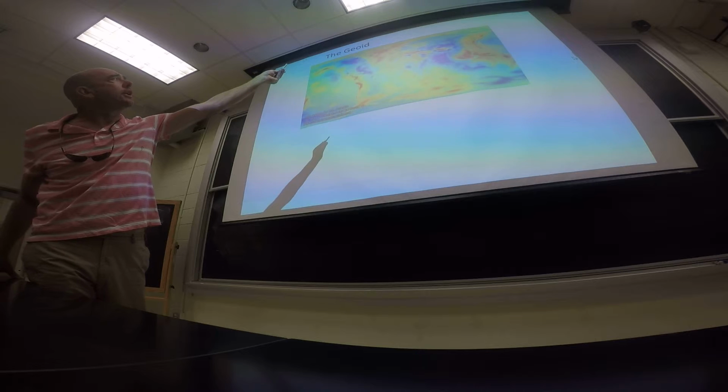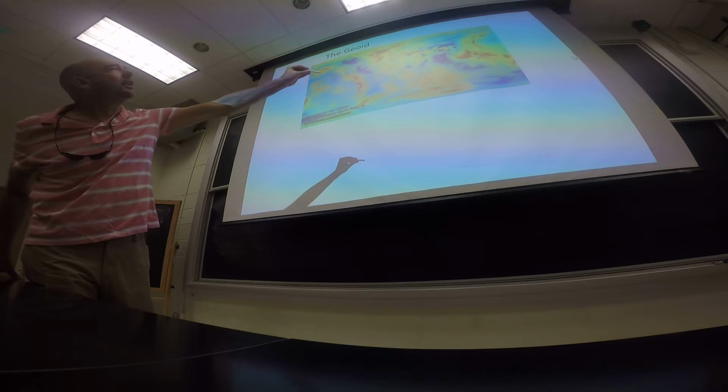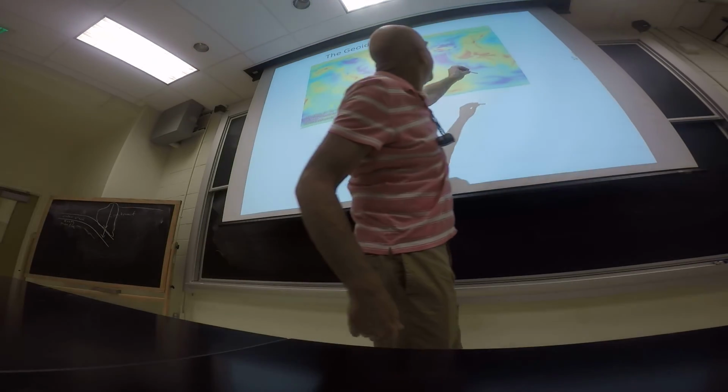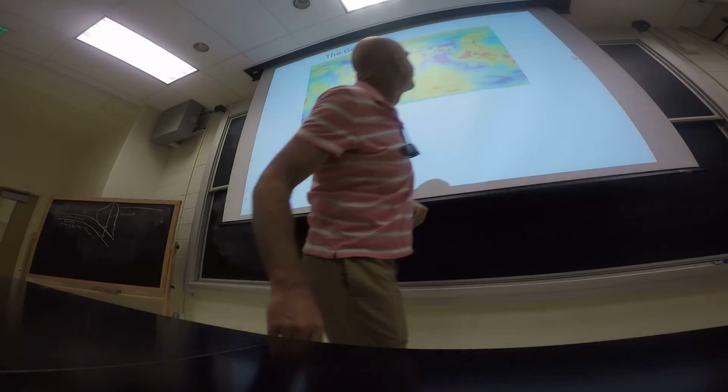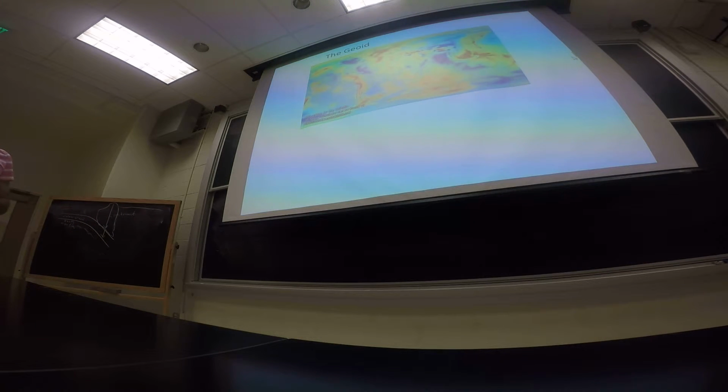Subduction zone, Turkey and Greece. Subduction zone, Japan. Subduction zone over here in New Guinea and New Zealand. So most or all of these subduction zones have positive geoid heights associated with them, as we would expect. These are measured gravity values. Okay, this is what we've measured worldwide in terms of gravity.